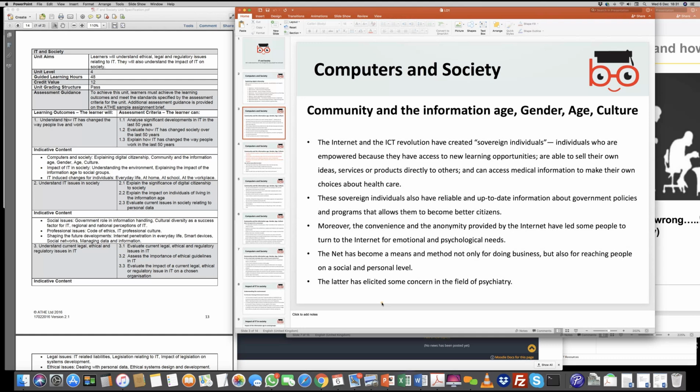So this particular medium of communication, or this piece of technology, does not differentiate between people because of their age, gender, or culture, in short.